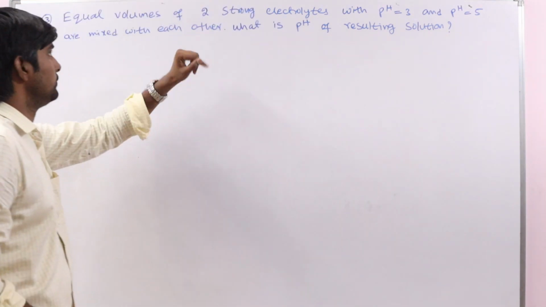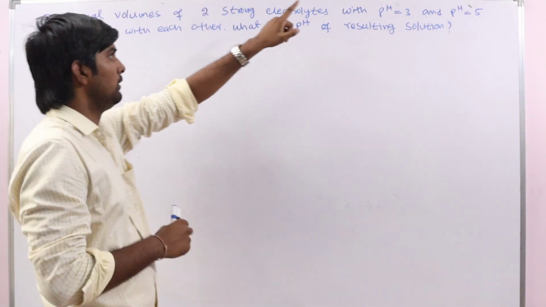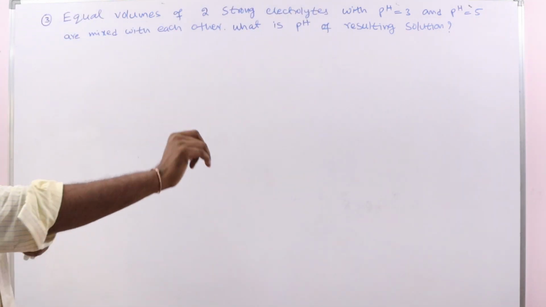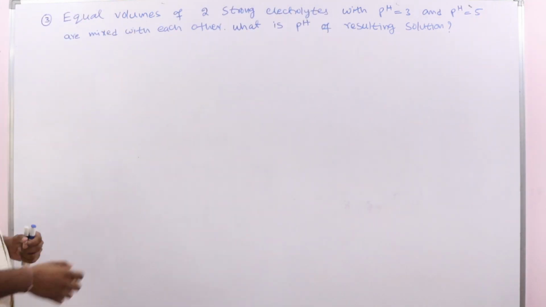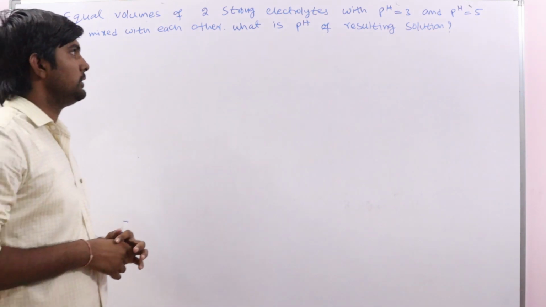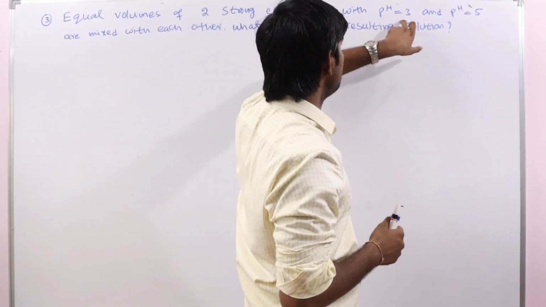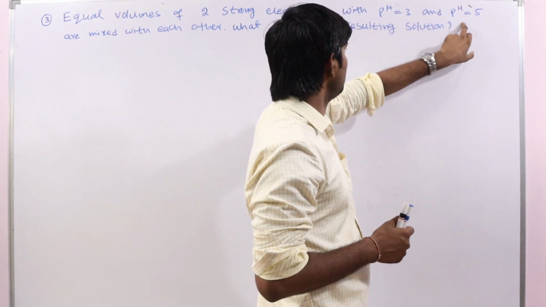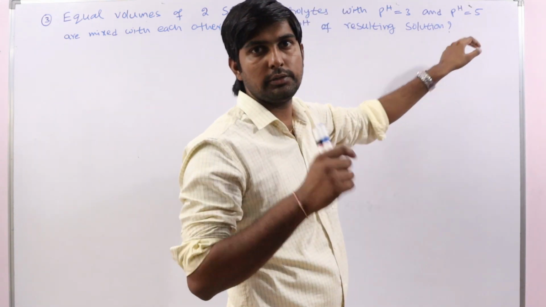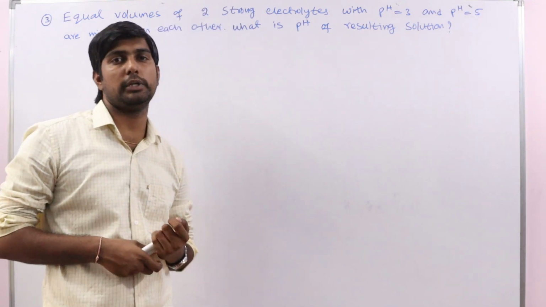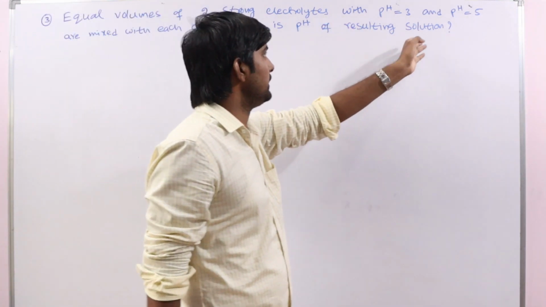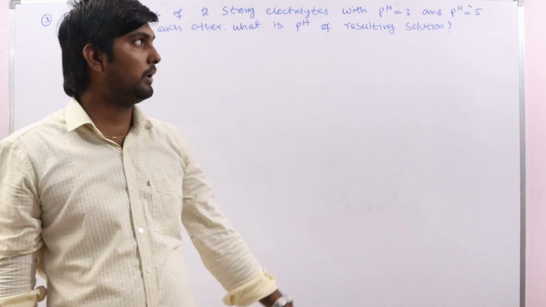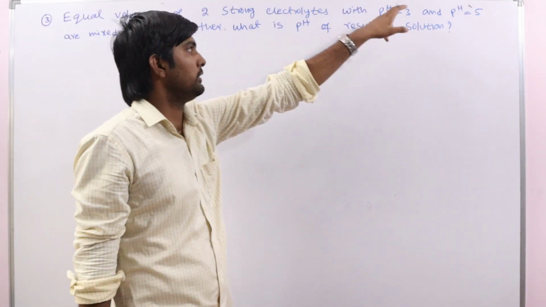Okay, see here, these two are pH equal to 3 and pH equal to 5, means definitely they are acidic solutions, right? Because pH is less than 7 at 25 degrees centigrade, so both are acidic solutions.